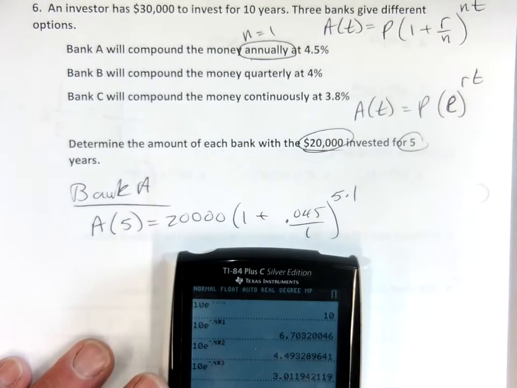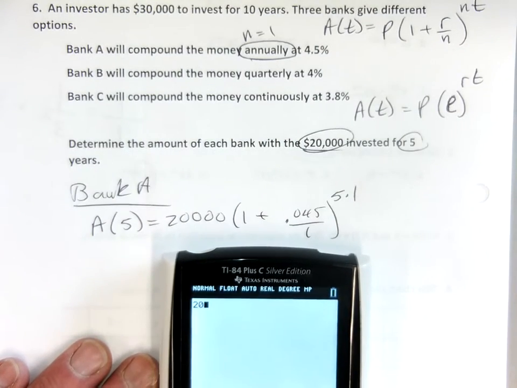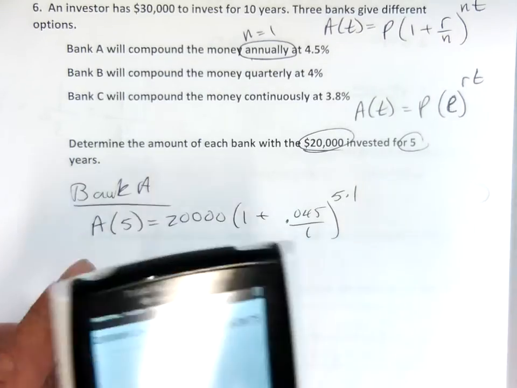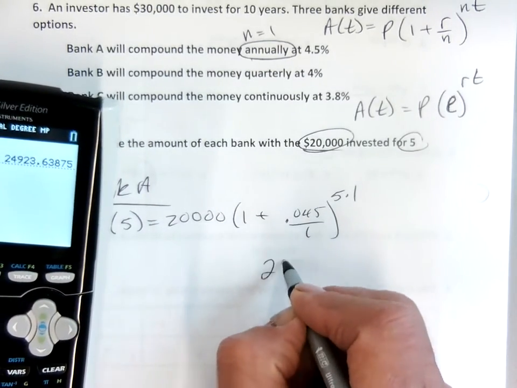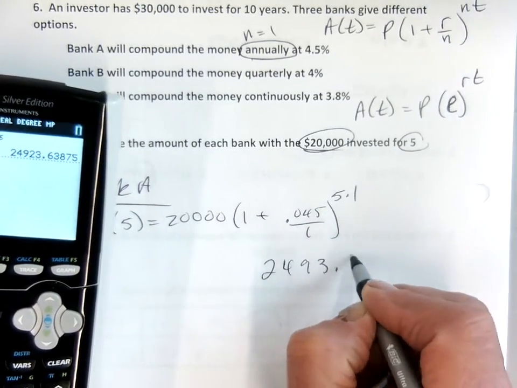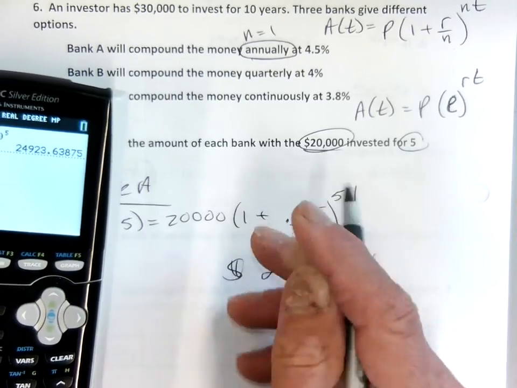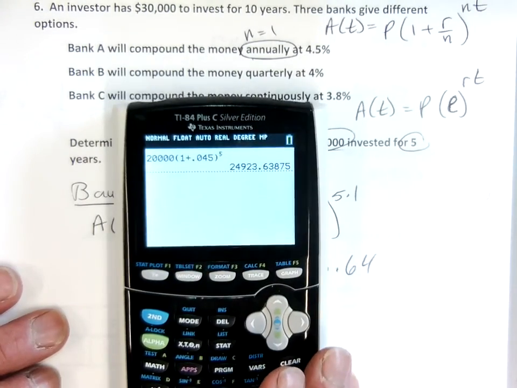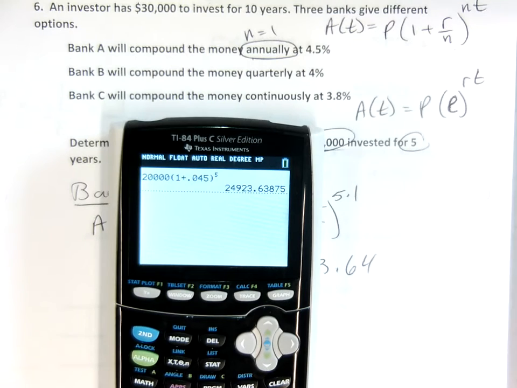So I'm just going to use my calculator. 20,000 times 1.045 to the 5th power. Can I get an answer of $24,923.64? Okay. Make sure you guys try it. Make sure you get it correctly into your calculator. Just give it a try. Everybody do it. Anybody want to borrow a calculator?